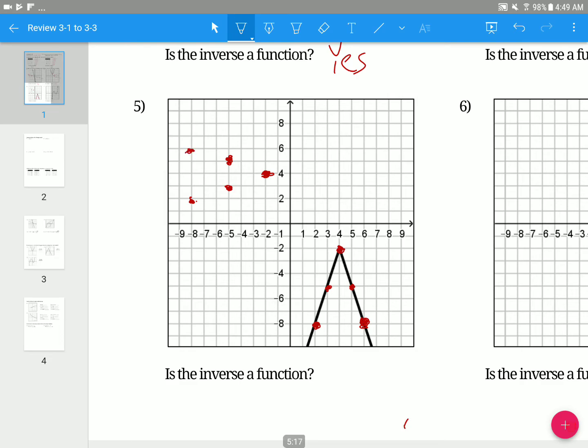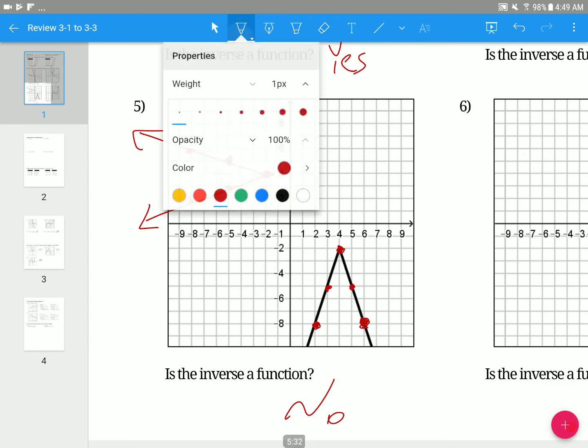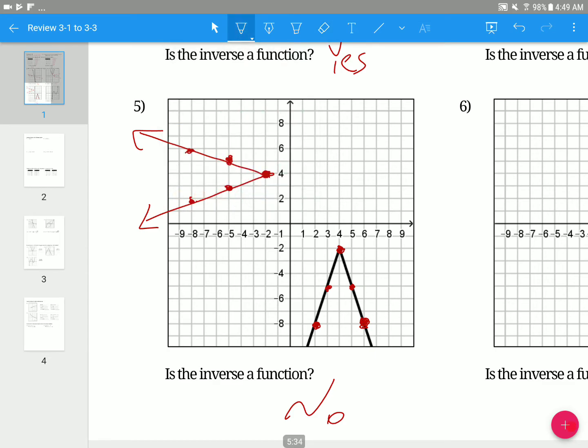And there is your function. Is the inverse a function in this case? No. It is not a function because it doesn't pass the vertical line test. If I were to draw a line down the middle of this, I hit it twice. So, not a function.